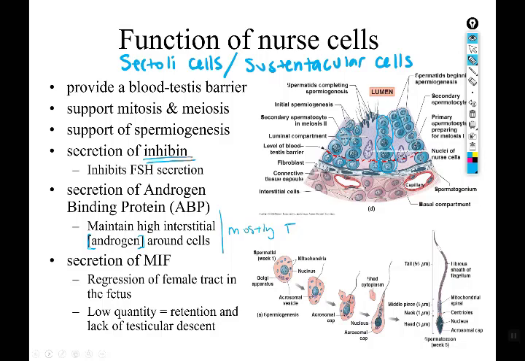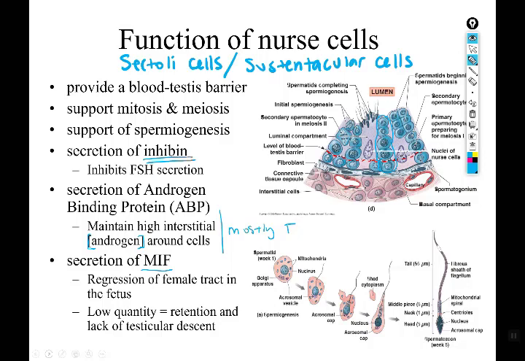Another thing that they do is they secrete something called Mullerian inhibiting factor. That's what this stands for. And this causes the regression of the Mullerian duct in the fetus. So if there isn't enough, you end up with retention of parts of that tract, and that tends to inhibit testicular descent.